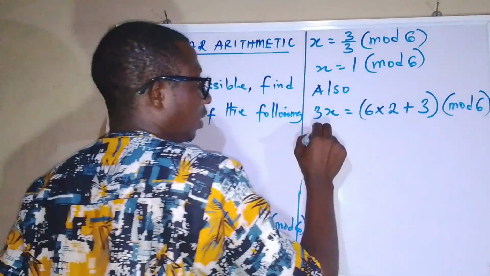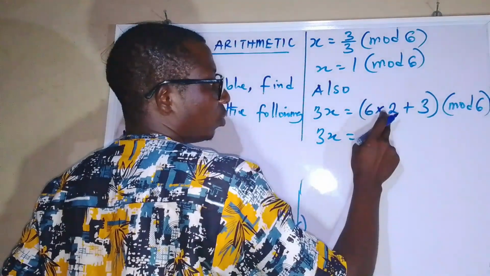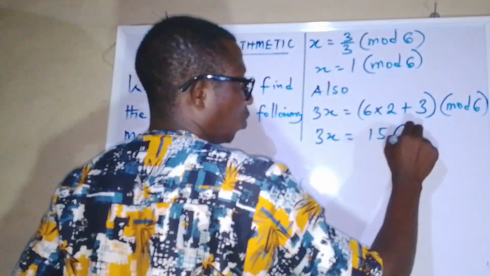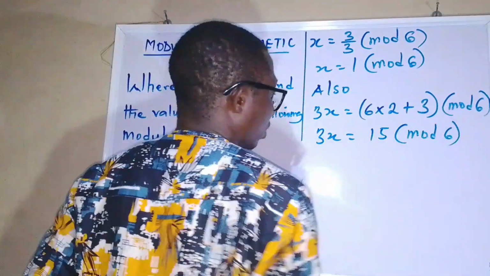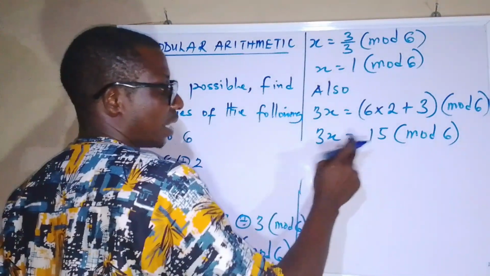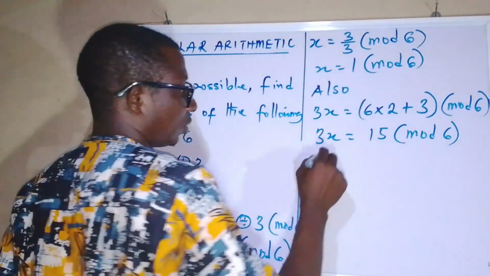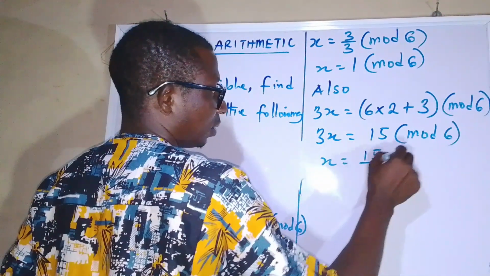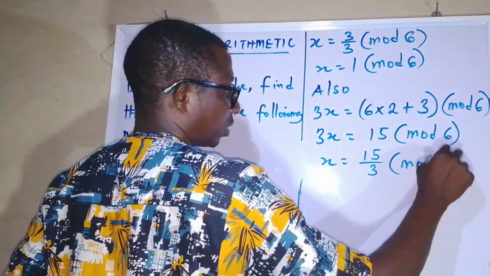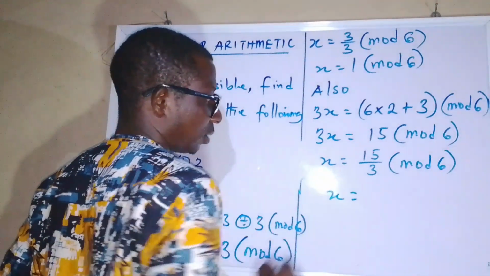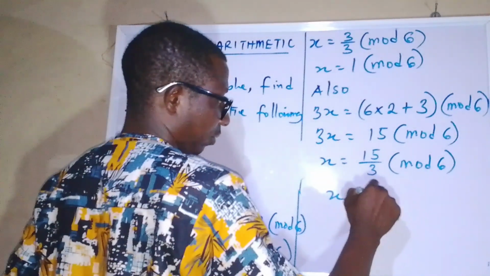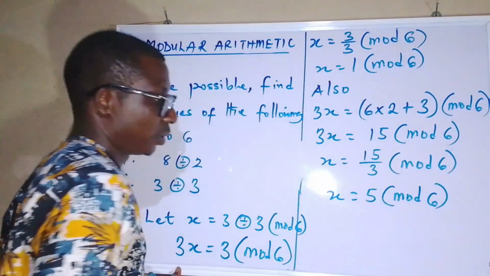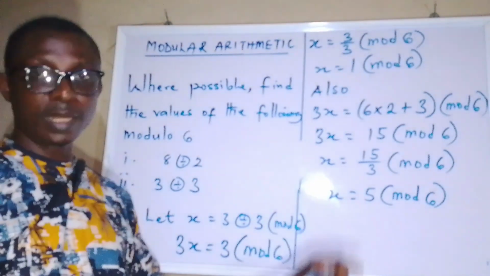So this gives you 12 plus 3, that's 15 mod 6. And you can divide both sides by 3. So we have x equals 15 over 3 in mod 6, and x equals 5 mod 6. So this is another answer.